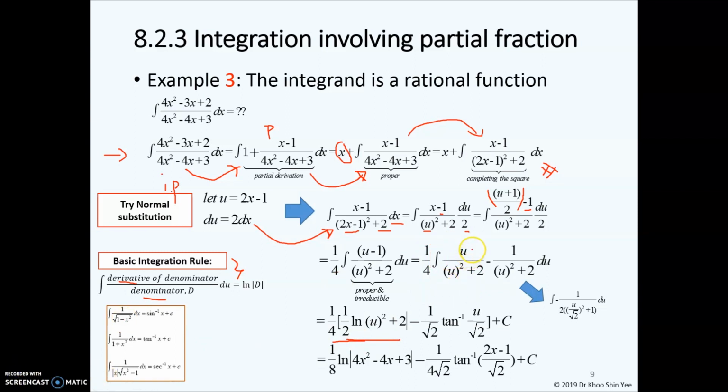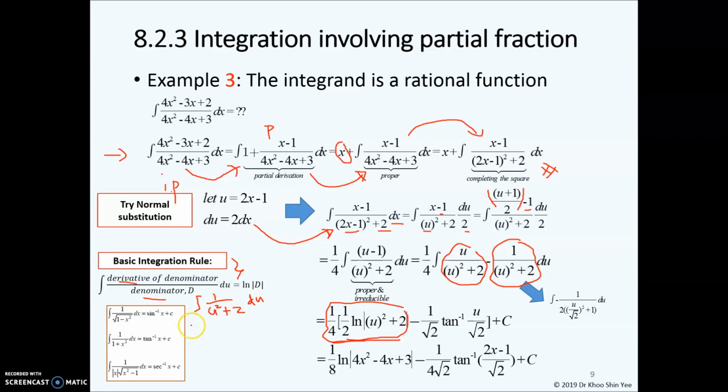So we have successfully solved this part. So this is the answer. Let's continue with the second part here. So how about if you integrate 1 over u squared plus 2 du.